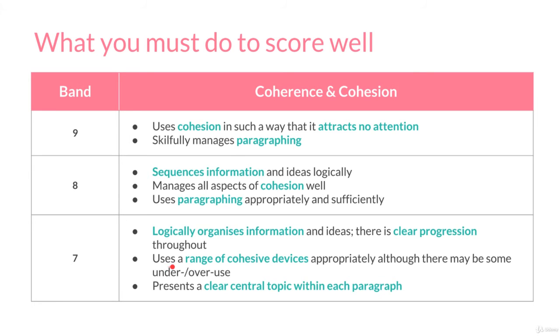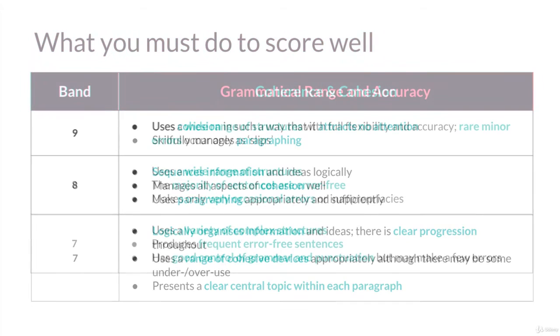Next, you should use a range of cohesive devices, meaning that you should not underuse certain words or overuse certain words. You should use a wide variety of cohesive devices. And finally, you need to present a clear central topic within each paragraph, meaning that the ideas within your paragraph should remain focused and they should only discuss one main idea at a time.